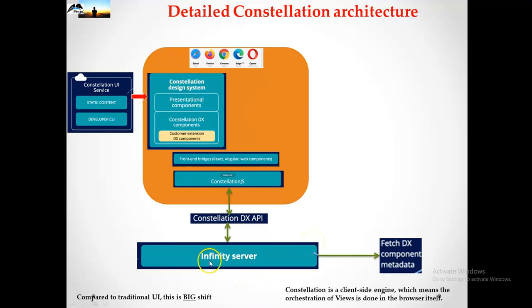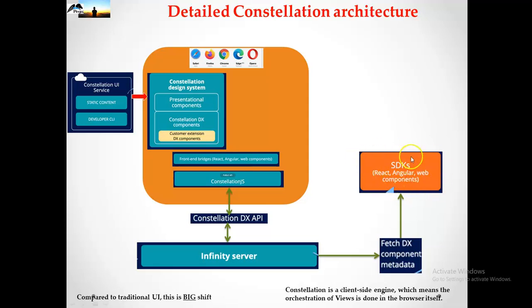From the Pega Infinity server, we can fetch all the DX metadata components. For example, if you have a component, we can simply extract all the details using the DX API, using the metadata. Once you extract the metadata, you can import everything into other SDKs, which are used for designing React, AngularJS, or any other web components.